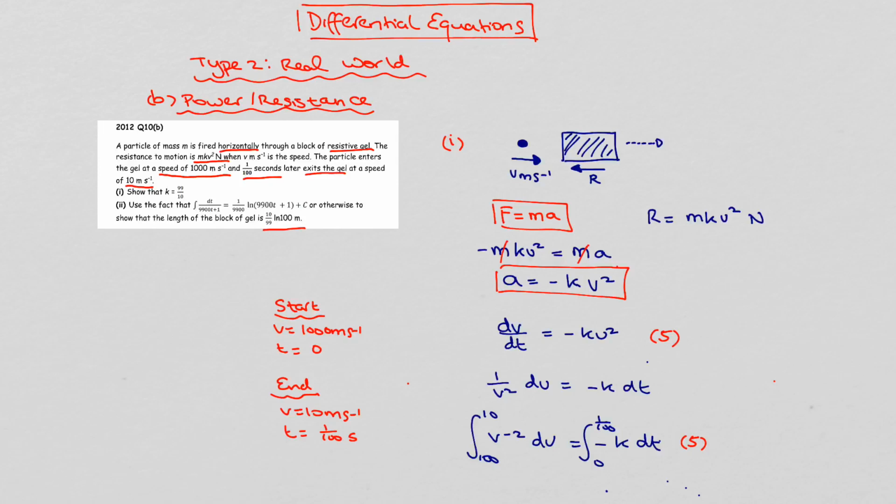So what we want to do is set up our integration for the second part. You can do it by getting c and then working out what c is, or you can use it as normal where we have our limits on either side, which doesn't bring c into account because we're getting a definite integral as opposed to an indefinite integral.